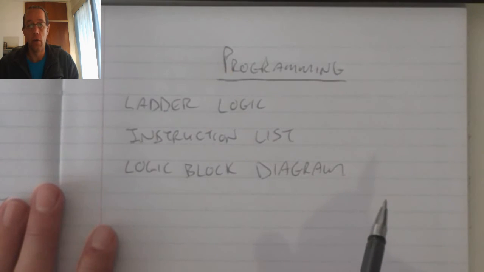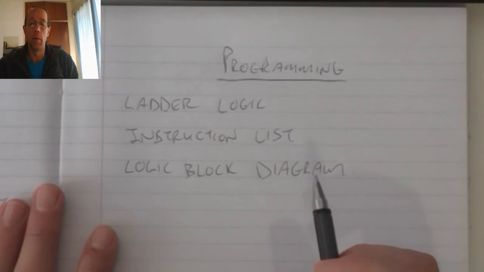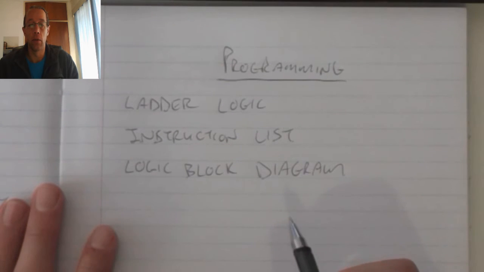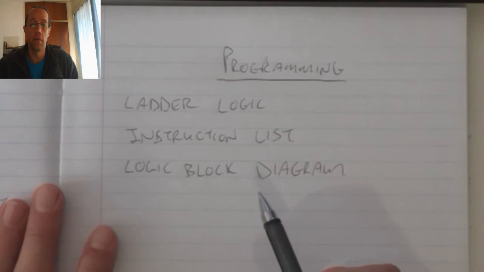Now, the main reason why we use a computer or a program in order to program a PLC is because it allows for more accessibility, and also it makes the programming procedure a lot simpler.